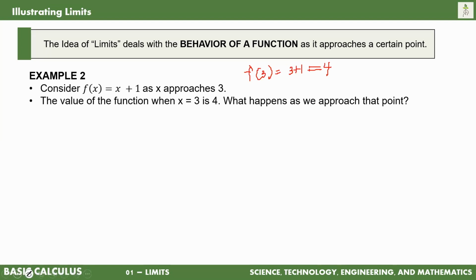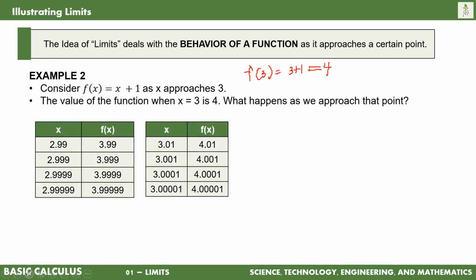So again, mag-table of values ulit tayo. Tingnan natin kung anong nangyayari. So, ito yung number line. Ito yung 3. So, habang pinapalapit mo siya from the left side, so ito yon 2.99, 2.999, and so on.